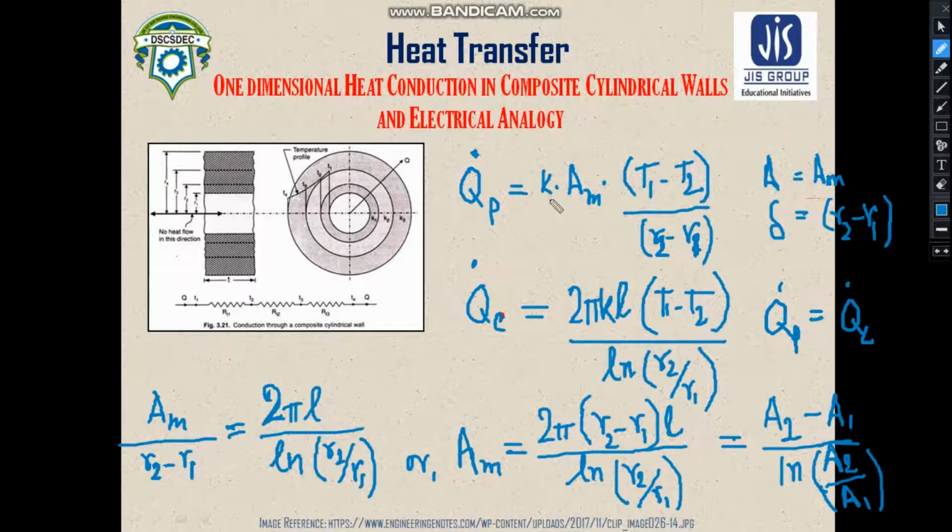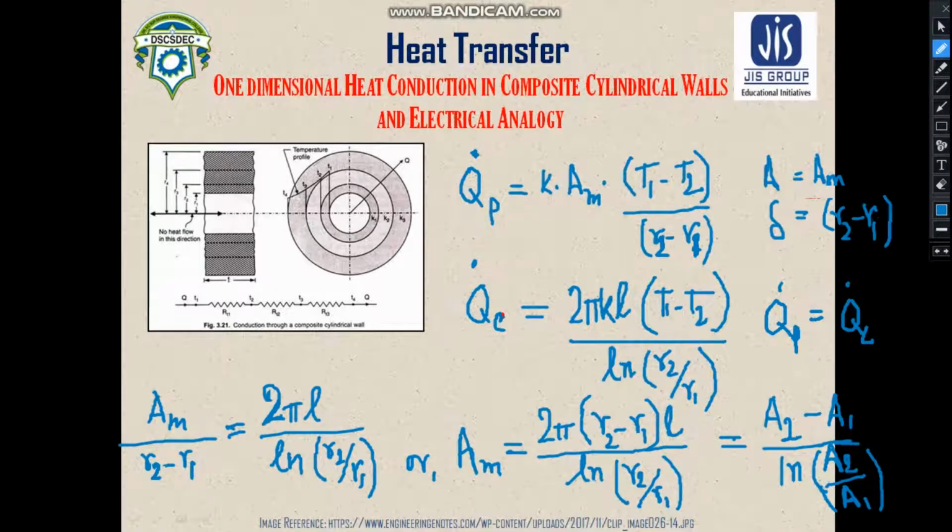This one uses the formula of heat transfer rate through the plane walls, and this is the derived formula which we have just seen for the cylindrical walls. Since these two refer to the same heat transfer, they can be equated.